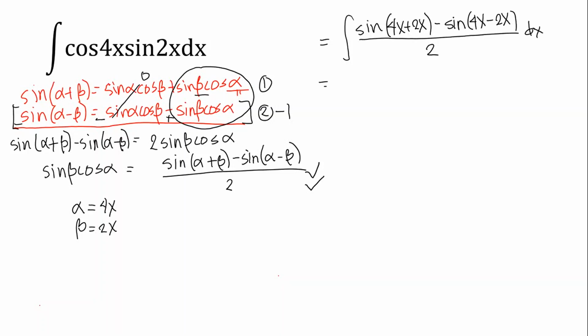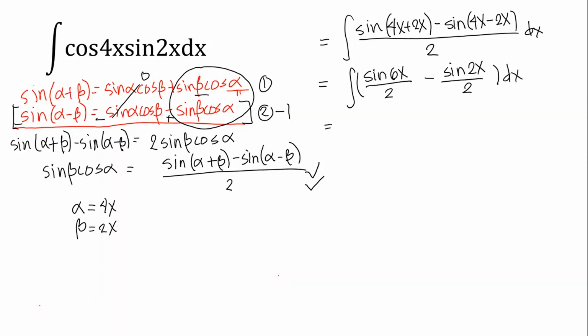Now we can divide this into two terms: sine 6x over 2 minus sine 2x over 2, dx.